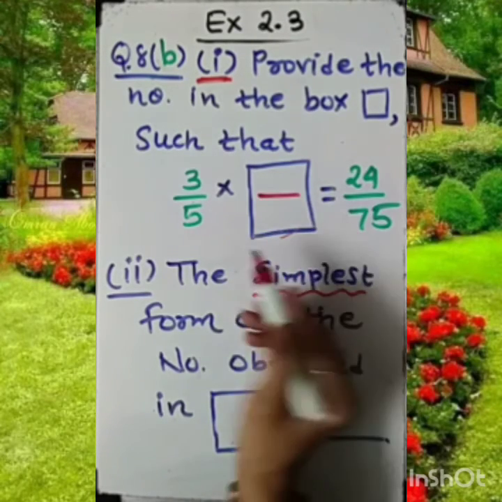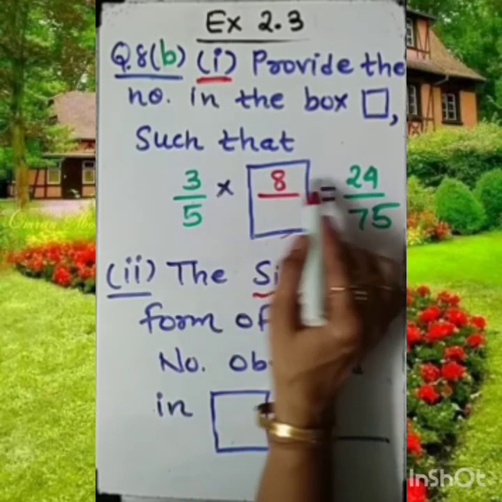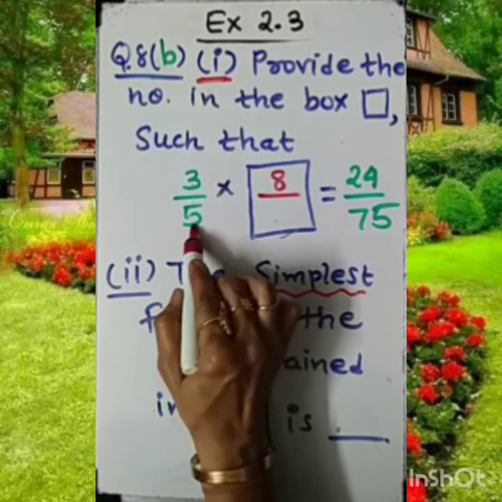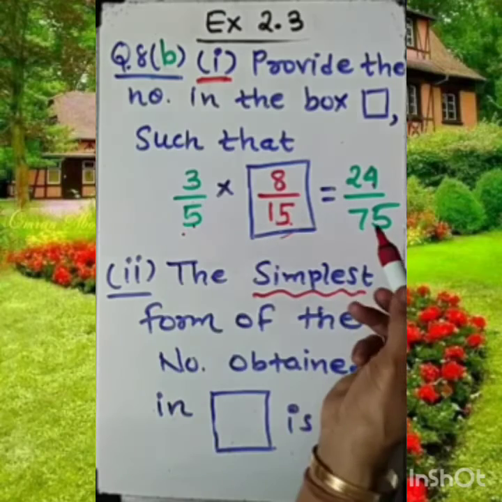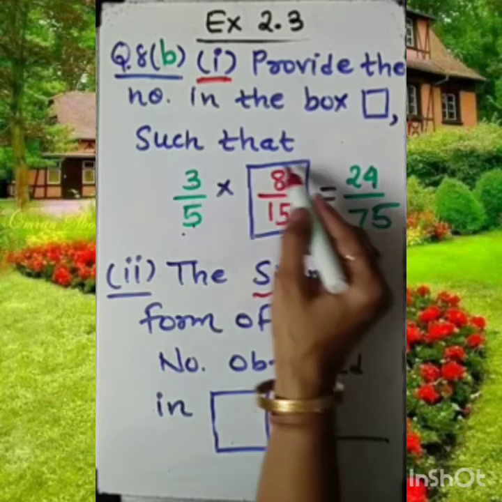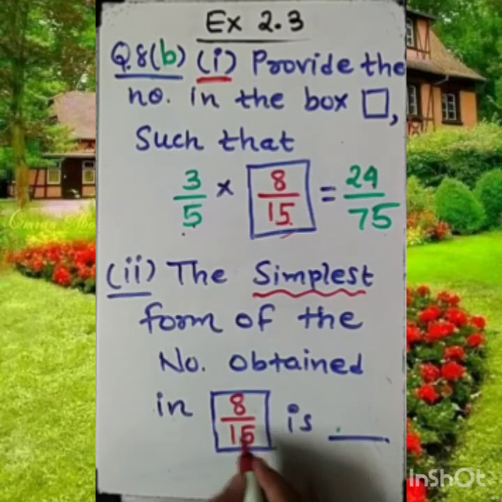If I multiply 3 by 8, then of course I have 24. And if I multiply 5 with 15, then the result is 75. So the number in the box is 8/15, the same number I am mentioning here.